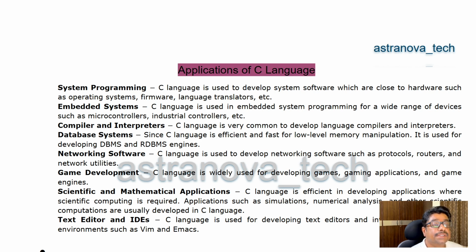Database systems. Since C language is efficient and fast for low-level memory manipulation, it is used to develop DBMS, RDBMS engines, etc. Network software. It can be used for developing network software, gaming development, and scientific and mathematical applications. Text editors or IDEs can be developed using C.